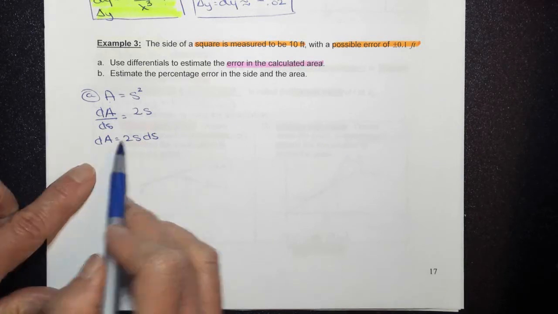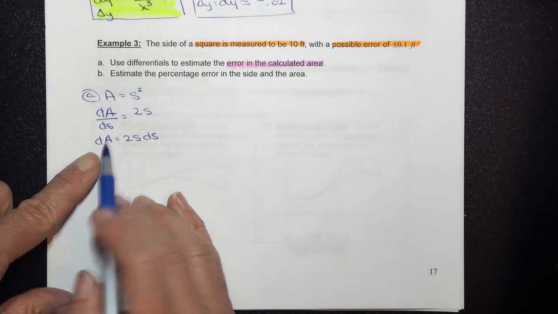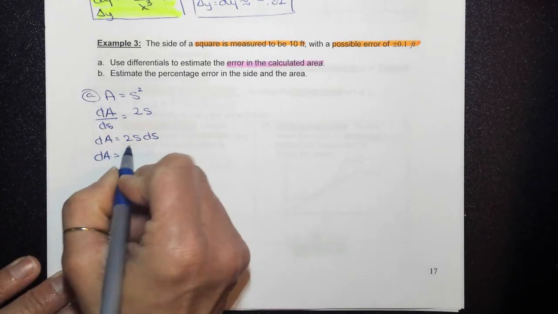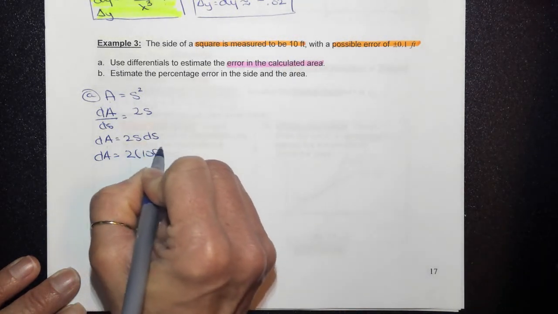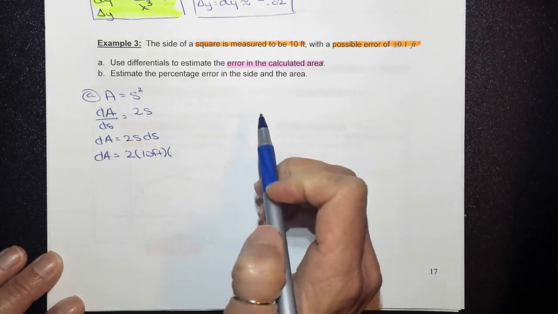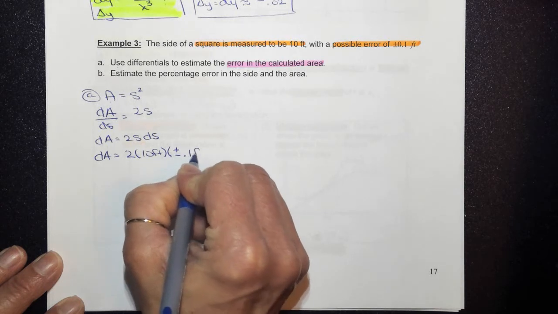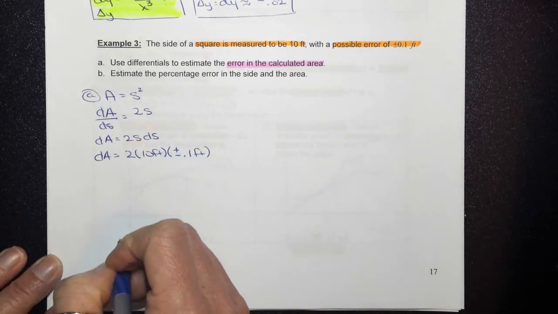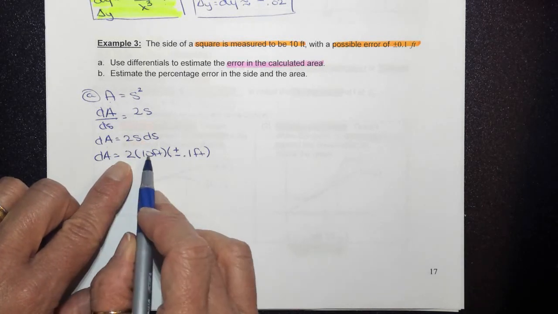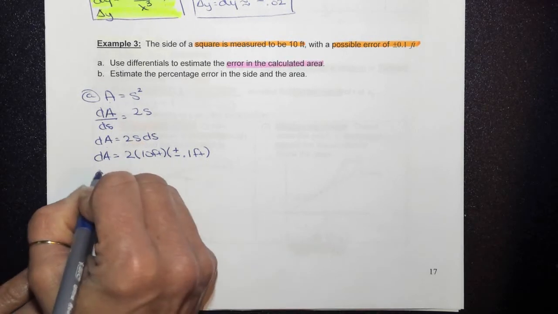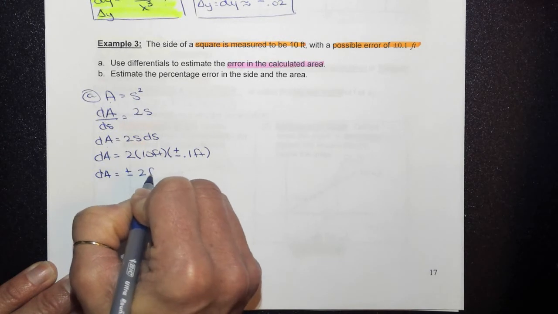The calculated error in the area, meaning the possible change in the area, is equal to 2 times the side, which is 10 feet, times the possible error, plus or minus 0.1 feet. 20 times 0.1 gives an error in the area of plus or minus 2 square feet.